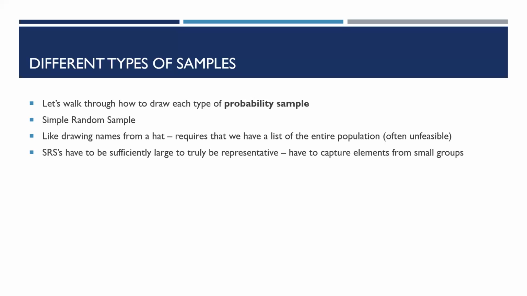And the reason for that, especially if you think about a potential sampling frame of 300 million US adults, if you're only picking 100 names out of that, there's a pretty high chance that you're going to miss certain groups that you would want to be included in the sample. So we might think of 1,000 or 2,000 as being a sufficiently large simple random sample.